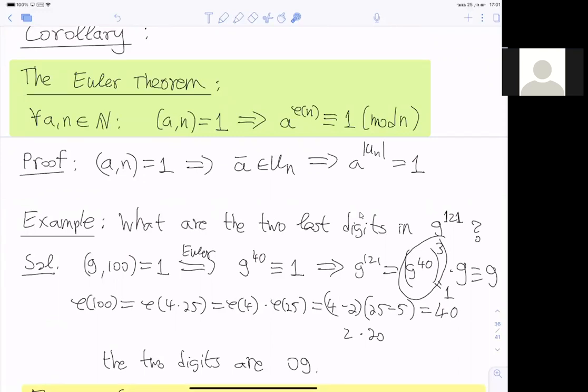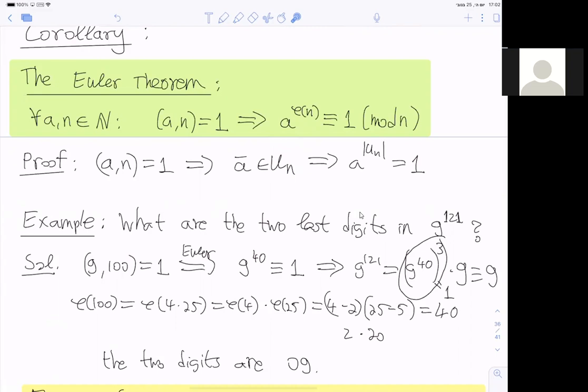Since it is a very basic theorem in the field of cryptography, it's very important to understand that. What is the order group? The order group is all the residues modulo n that are co-prime to n.